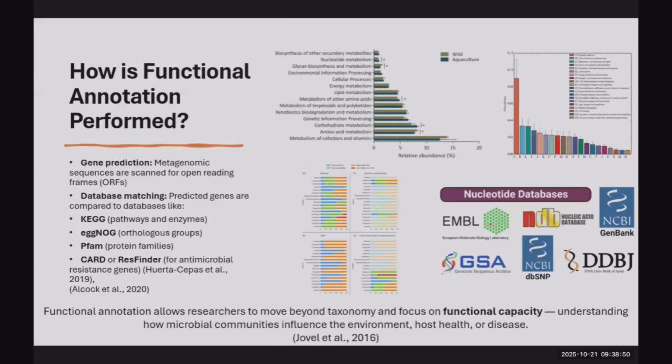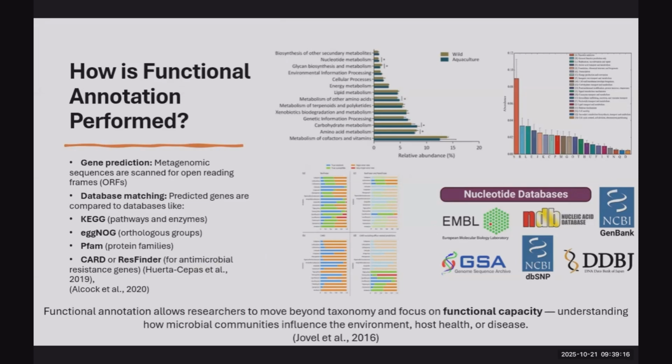How is functional annotation performed? We have gene prediction. So metagenomic sequences are scanned for open reading frames, and you can identify novel genes. There are gene prediction algorithms. You can identify a novel gene and you can annotate the function of that gene, depending on the similarity of that gene to other organisms with a known function.